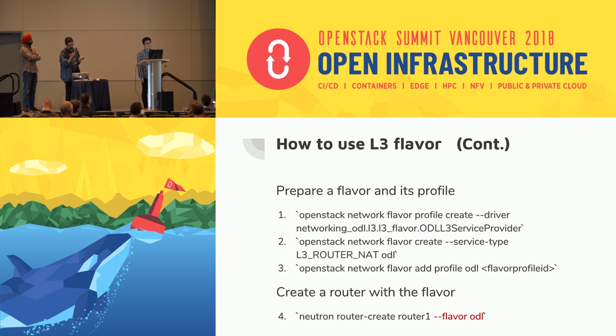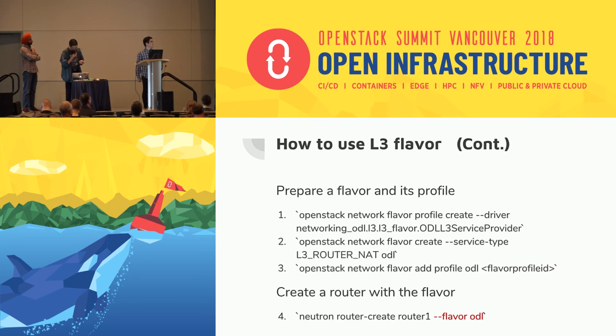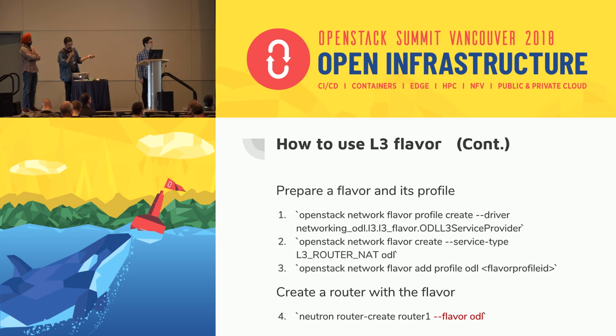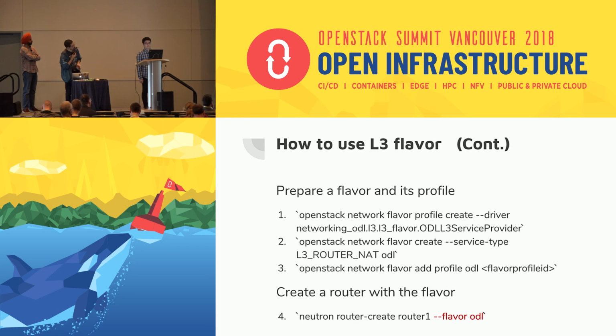First, you should create a flavor profile and a flavor and bind them together. Then, as a last step, when creating a router, you can specify the flavor. In this example, it's ODL.